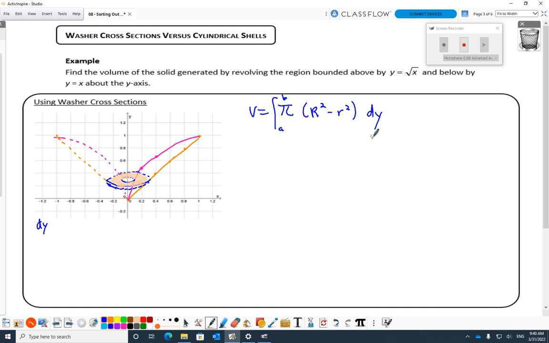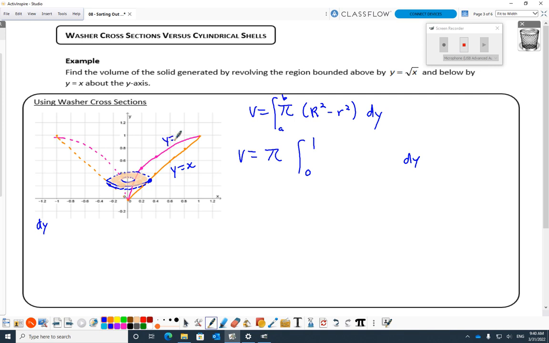So, volume equals pi out front, 0 to 1. In this particular case, 0 to 1 was the limits either way, whether you're going dx or dy. Big R squared. That's over here, that's the outer. This is y equals x.